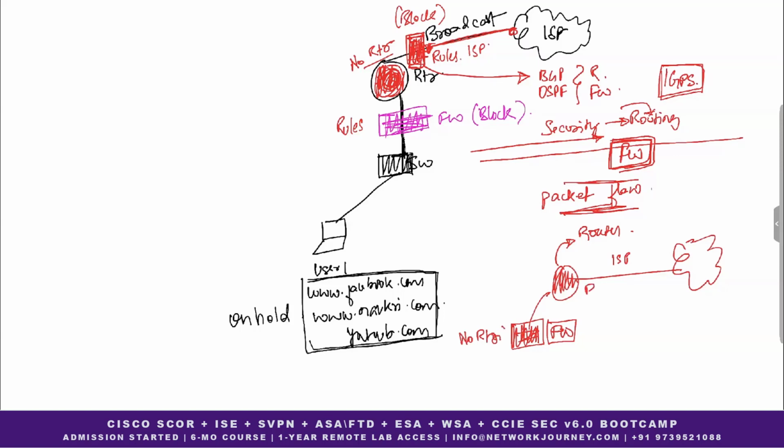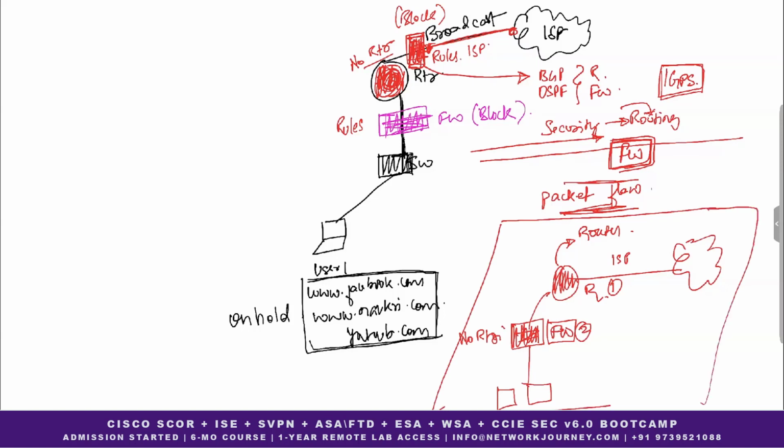So this will act as a router, this will act as a firewall, two different components to do two different tasks. But not every customer or company will follow this pattern.